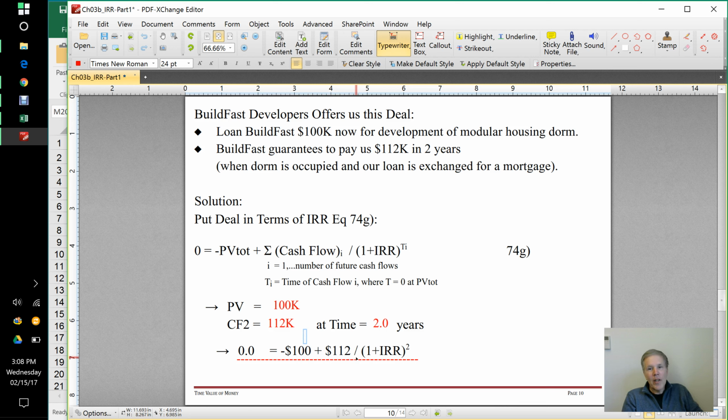Always consider one player at a time. Her cash flow at t equals 0 is negative, and her cash flow at t equals 2 is positive. So if you always think about this in terms of one participant at a time, all of her cash flows, which ones are positive, which ones are negative, give the negative ones a negative sign, give the positive ones a positive sign. The signs are all going to work out for you automatically, and you don't have to worry about the negative sign here and the positive signs here. That's just me. That's the way I like to do it.